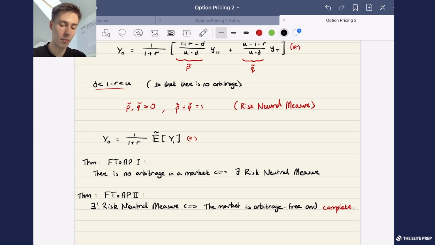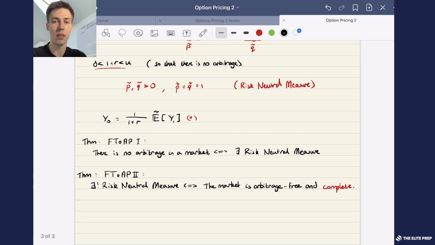A market is complete if any derivative can be replicated as a combination of our simple products. Our simple products in this case were just one stock and the money market, and for any derivative we were able to find a combination of those in one period which would replicate the payoff of the derivative.